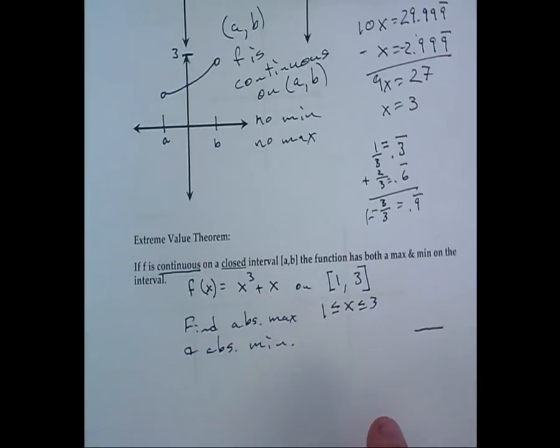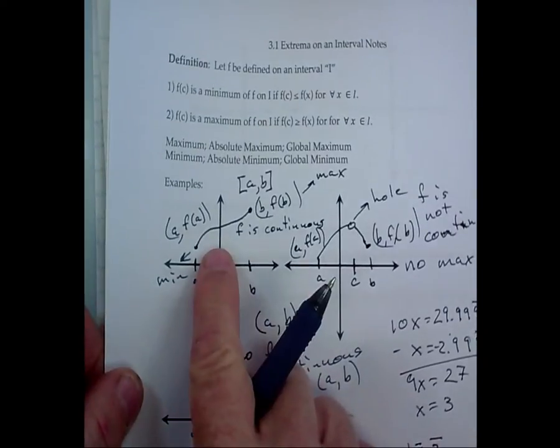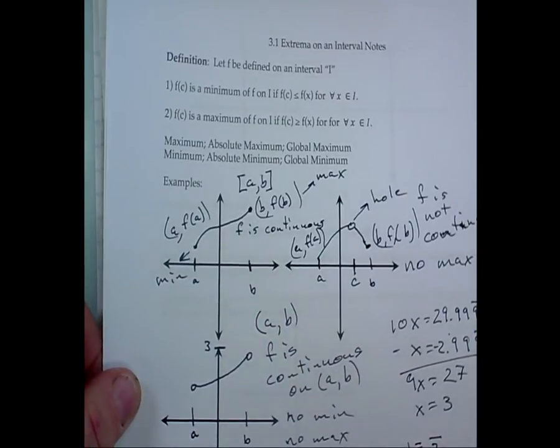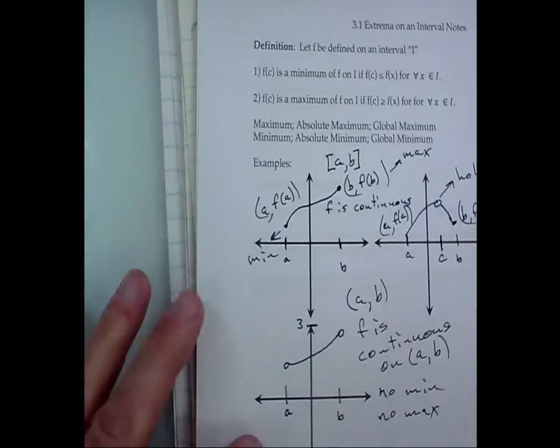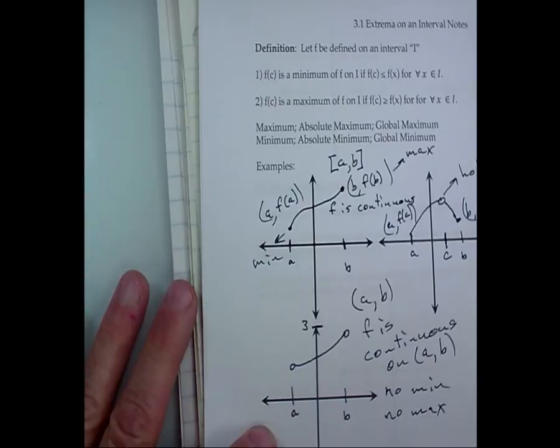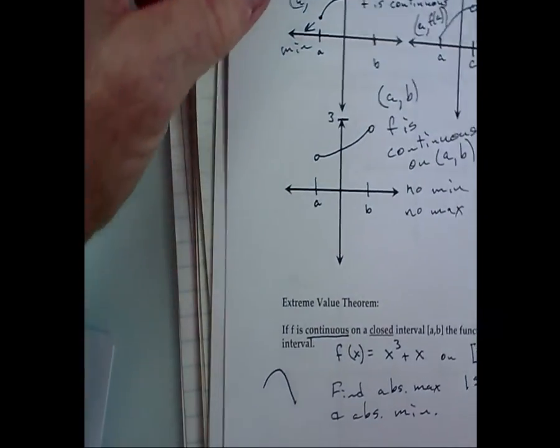You only have to look at the endpoints like this. And where else do you think you have to look? I'm going to give you a hint. What if I had something that looks like this? Here's my graph.